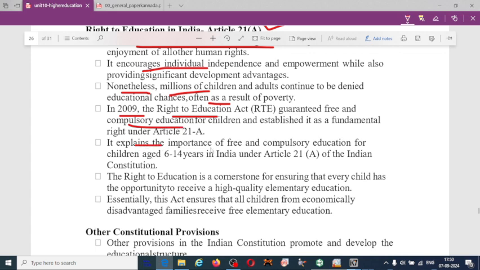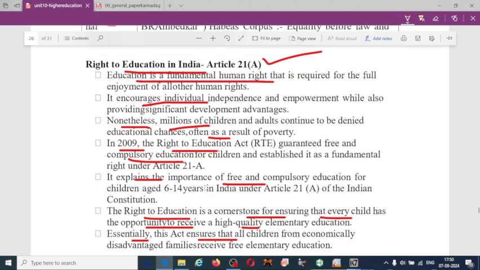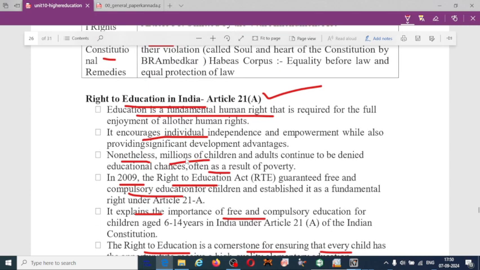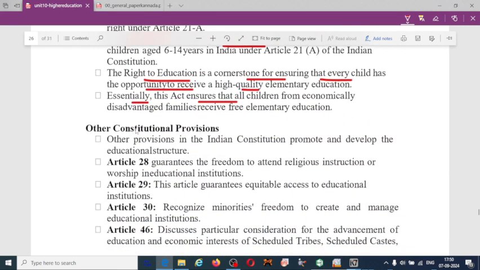So it explains the importance of free and compulsory education. The right to education is a cornerstone for ensuring that every child has the opportunity to receive a high quality education. Essentially, this act ensures that all children from economically disadvantaged families receive free elementary education. That is under Article 21A.